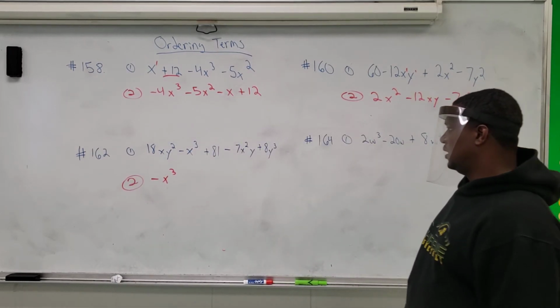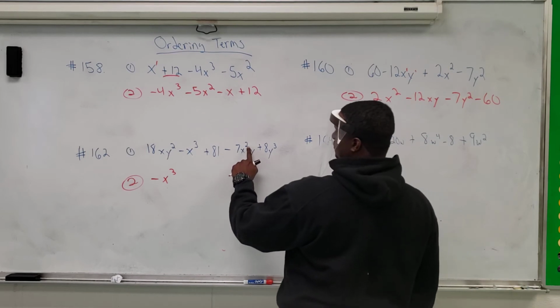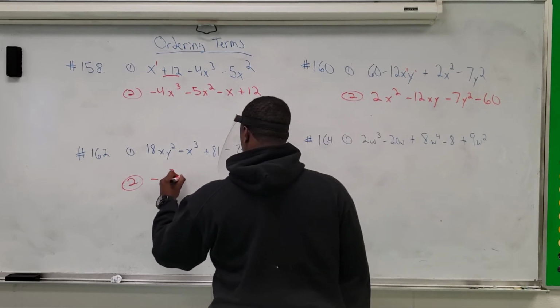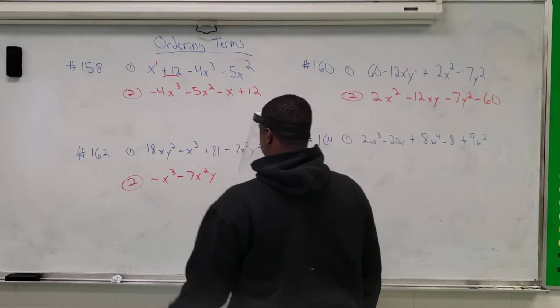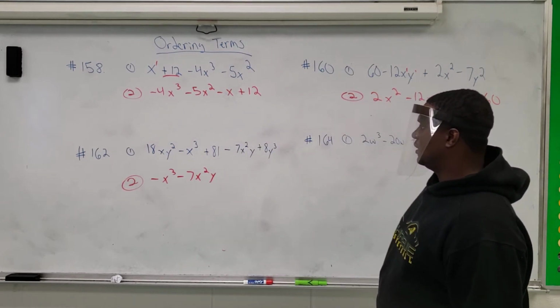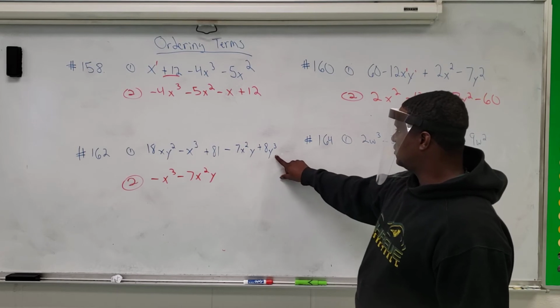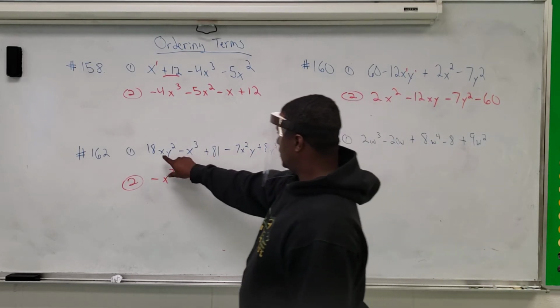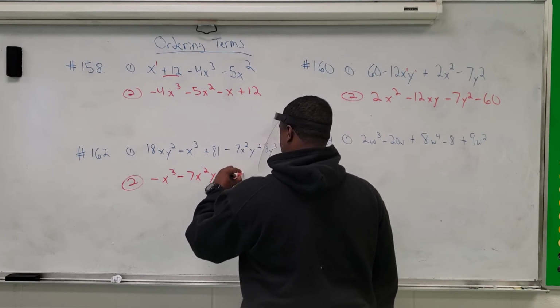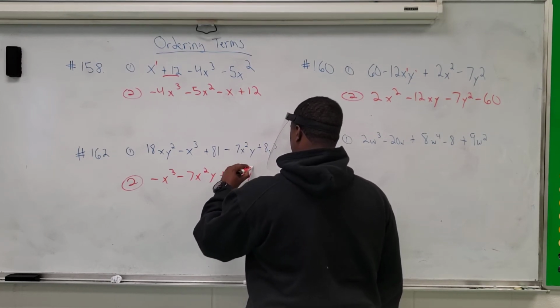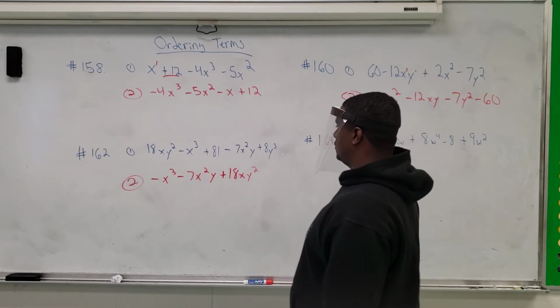Now, can I find x to the second power? That is a negative 7x to the second power times y. Now can I find x to the first power? And it is, so that's a positive 18xy to the second power.